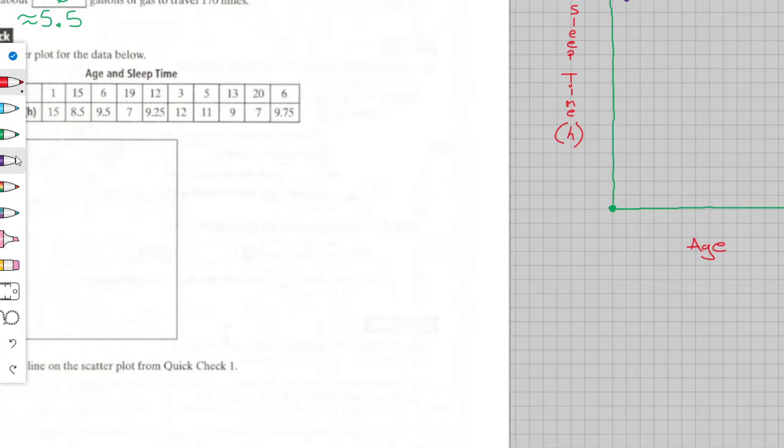So we plotted 1, 15, now at 15, they're going to sleep about 8.5, so we're going to go 1, 2, 3, 4, 5. Let's mark these so I can go back and I don't have to count each time.